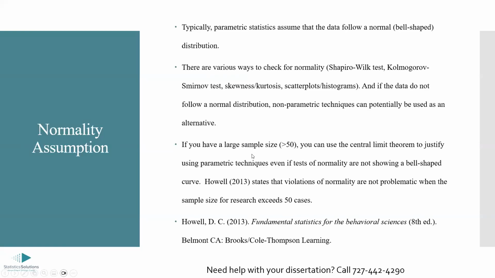And if you have a very large sample size, then you can use the central limit theorem to justify proceeding with your original parametric technique, even if the tests of normality are not showing a bell-shaped curve. The idea behind the central limit theorem is the larger your sample size is, the more it tends to approximate towards a bell-shaped curve. I put a citation here that says that if your sample size exceeds 50 cases, violations of normality are not problematic.